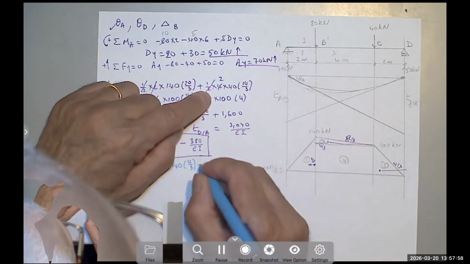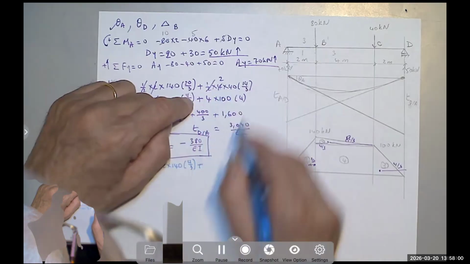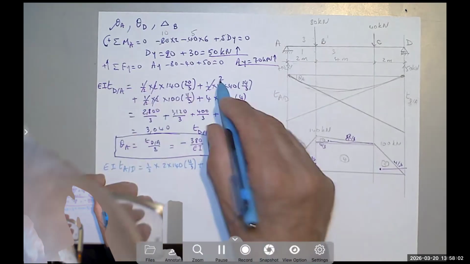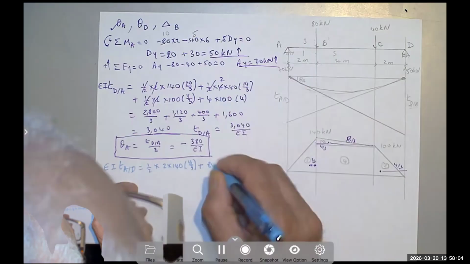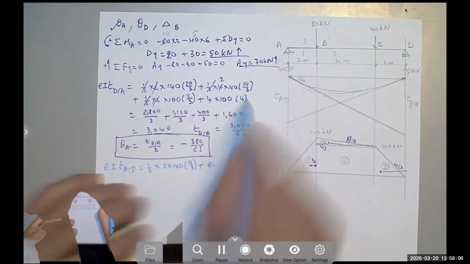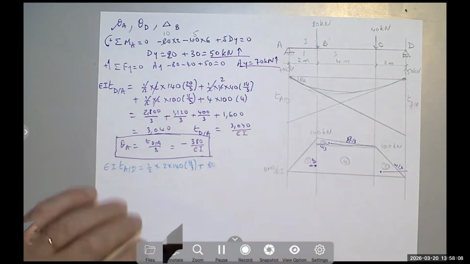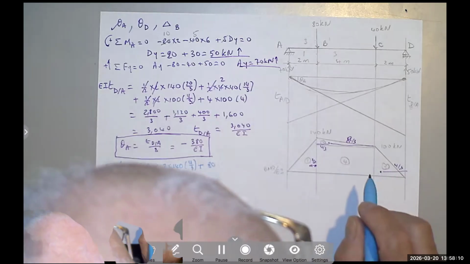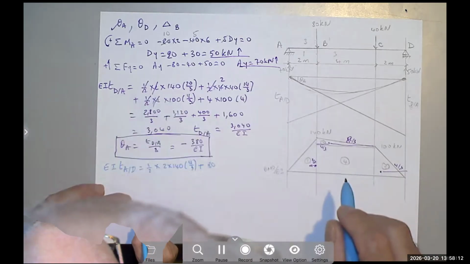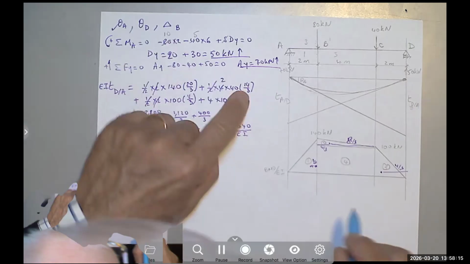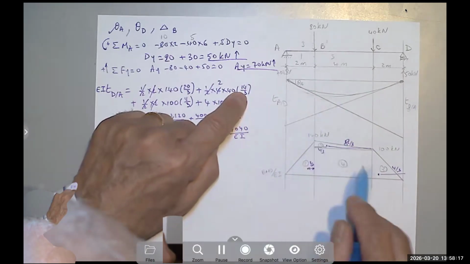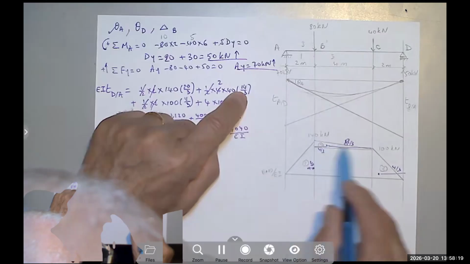So plus 2 times 40, so we said 2 times 40 is 80, times 10/3. Okay. So again, here this distance is 8/3.